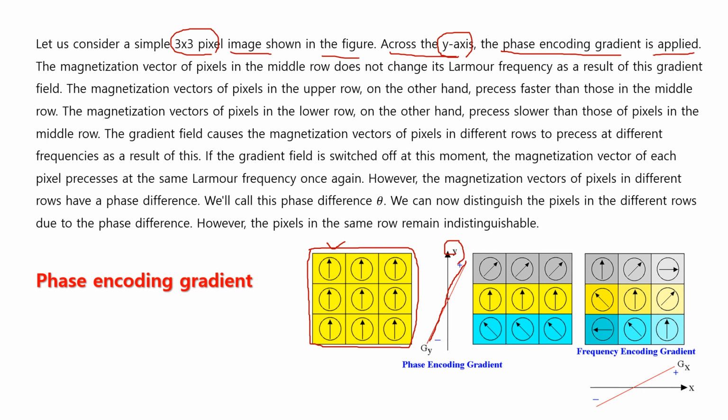The magnetization vectors of pixels in the middle row do not change their Larmor frequency as a result of this gradient field, because the gradient field is 0 here. So the Larmor frequency in the center row does not change.